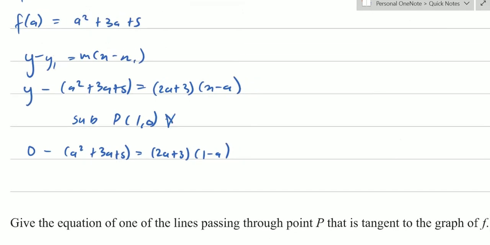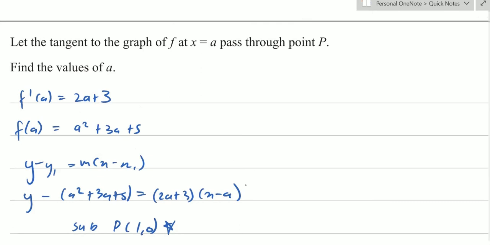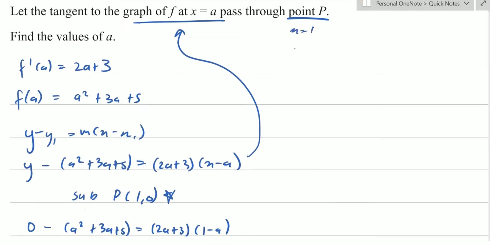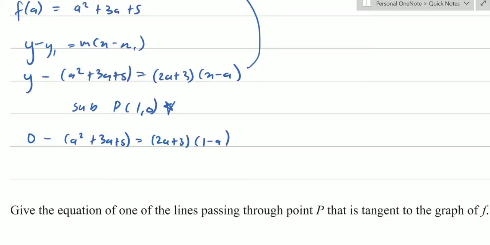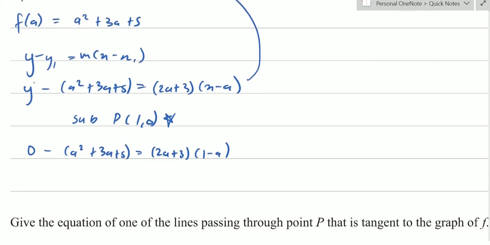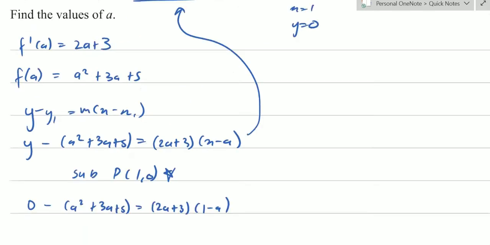We know to sub P in because this is the tangent of the graph at x equals a, and it passes through point P. So we know that at x equals 1, y has to equal 0 for the equation that we found. So that's why we can sub 1 and 0 in. So we effectively get rid of x and y, and we just have a, and we can find a through rearranging it.